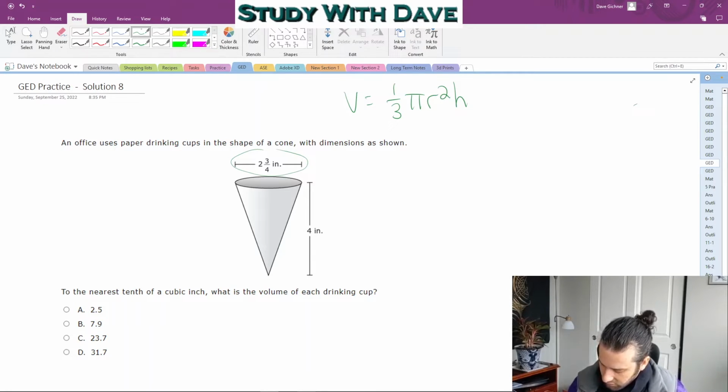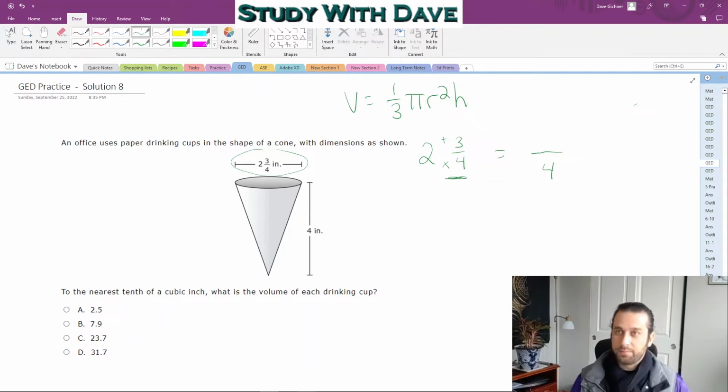So I like to just go ahead and change the mixed number 2 3/4 inches into a fraction, because it's going to make it a little easier to work with. Let's go ahead and do that. So we're going to multiply 2 by 4 and then add that to 3. We basically just take whatever's in the denominator of the fraction portion of the mixed number, and we pop it over here.